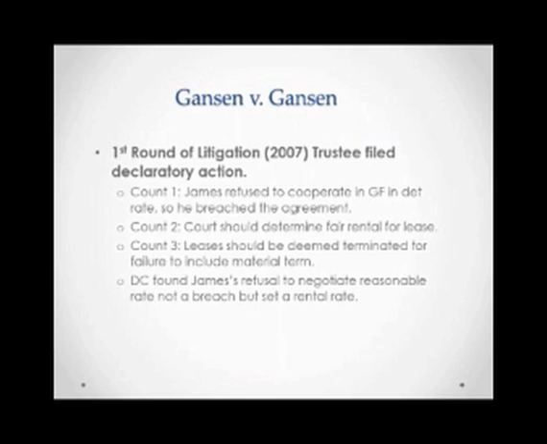First, they were claiming that James refused to negotiate in good faith, and that was a breach of the lease. They thought he was being unreasonable in his position on the rental rate. The second count asked that the court set a fair and reasonable rate, and the third count asked for the leases to be deemed terminated for failure to include a material term, which was the rent.